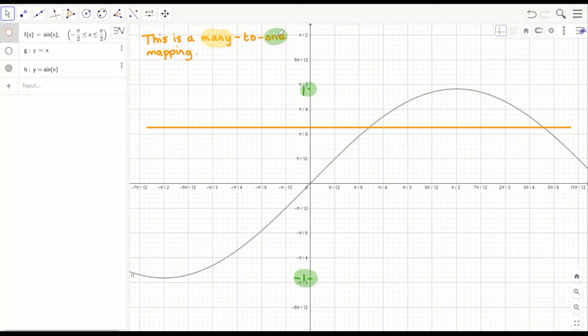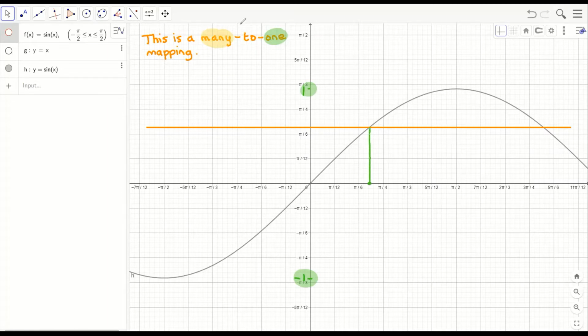Remember, a function maps every particular value from the domain to a specific value in the range. And if we just apply that idea, we can use this as a good point here where the line is intersecting the curve.